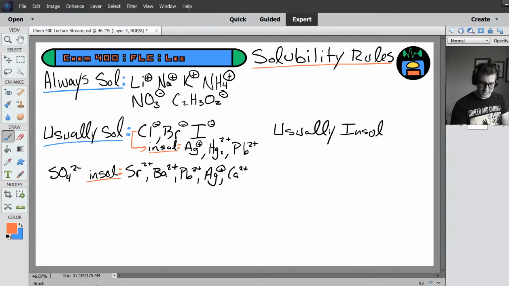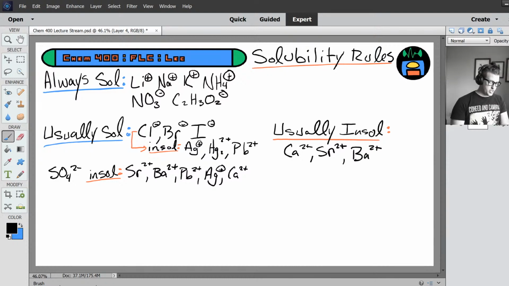Ions that are usually insoluble are calcium, strontium, and barium. These things are insoluble with just about everything.